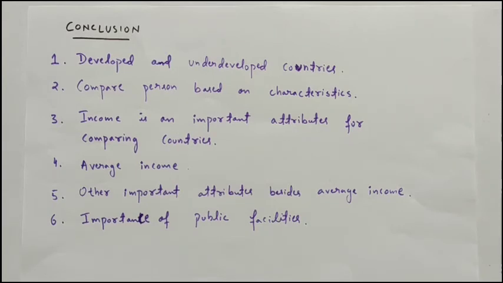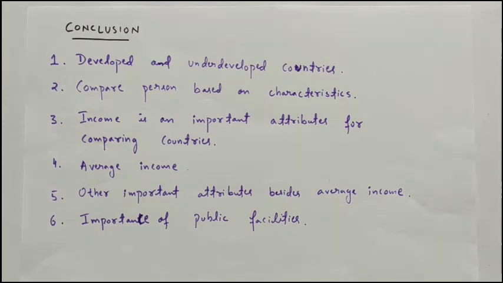And for comparing countries, average income is calculated by finding out the total income of the country divided by its total population, and average income is also called per capita income. And other important attributes besides average income are infant mortality rate, literacy rate, net attendance ratio.